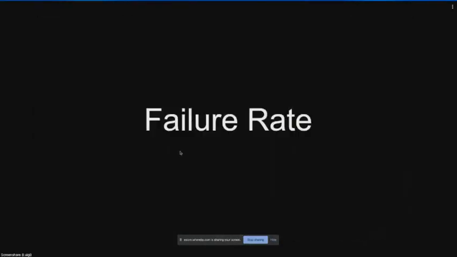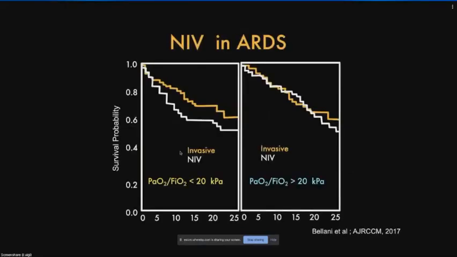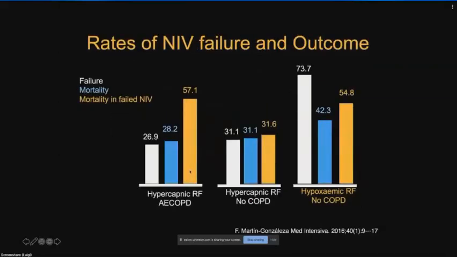The other thing to consider is the failure rate. We can see this is from the LungSafe data for the non-invasive ventilation in ARDS patients. And you can see that the survival probability of patients with moderate to severe respiratory failure is certainly lower in patients who received a non-invasive ventilation.